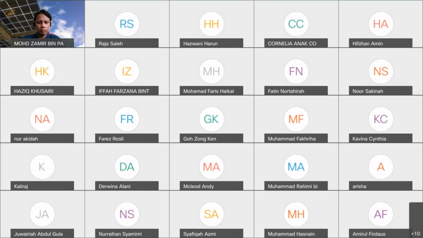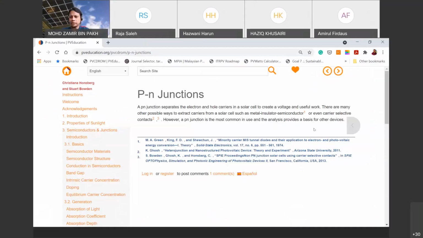Oh, error. Yeah, we open PN junction. Right, let me share the website now. Okay, can you see the PVC ROM website?